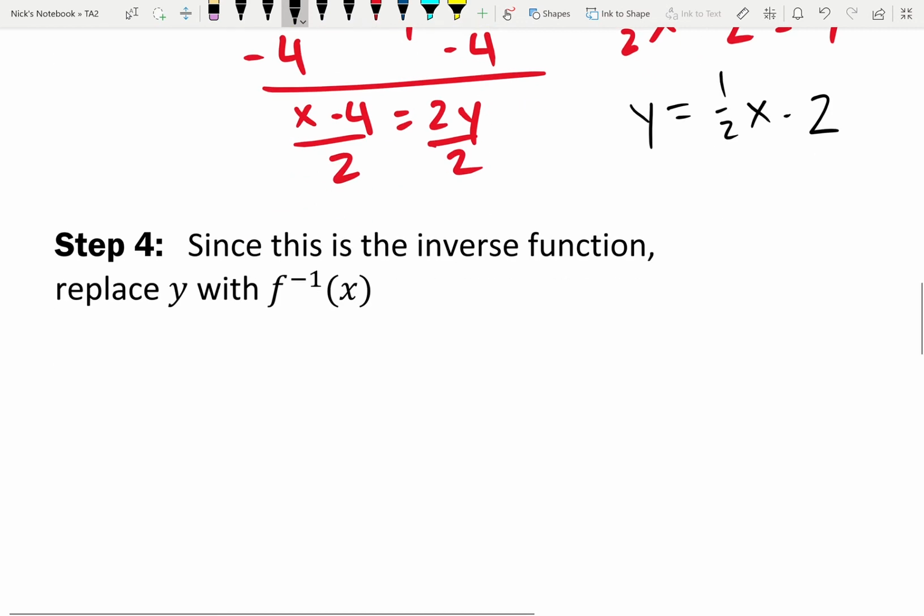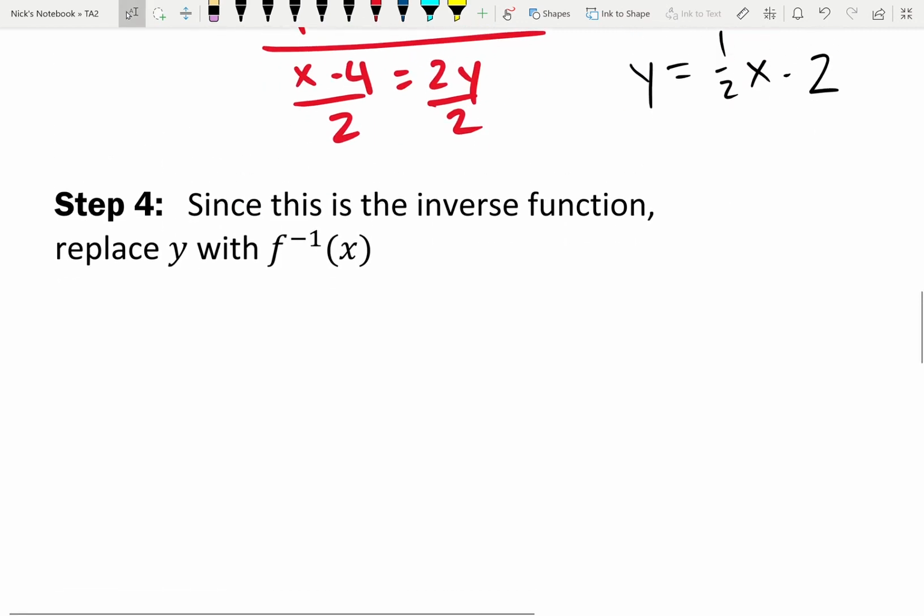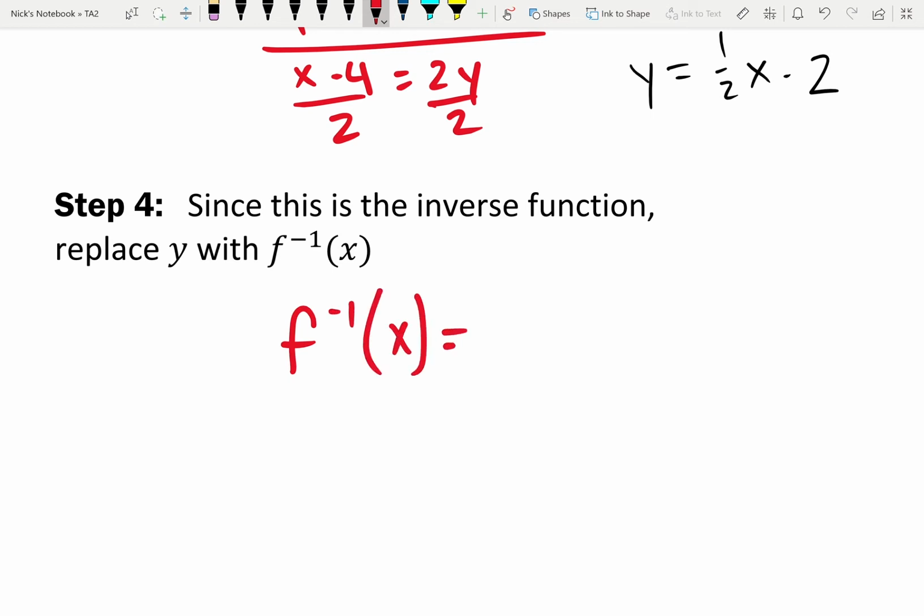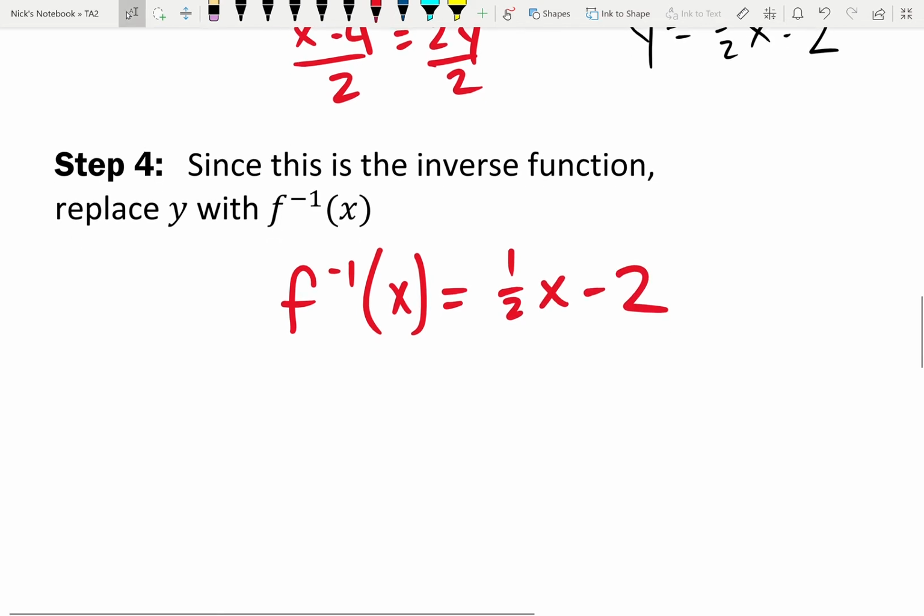And so this now is the inverse function, where instead of y now, we're going to write f negative 1. That just means the inverse function. So we're going to write f negative 1, or f inverse of x, equals 1/2 x minus 2. Okay, so now that's algebraically how you find an inverse.